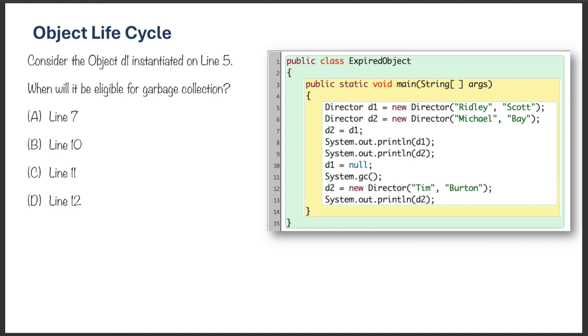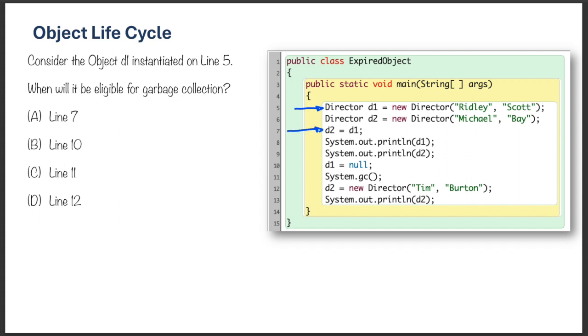So consider the object D1, which is instantiated on line 5. When will it be eligible for garbage collection? So we see D1 is instantiated on line 5. It is a new director, Ridley Scott. And then D2 is a new director, Michael Bay. But then D2 is set equal to D1.